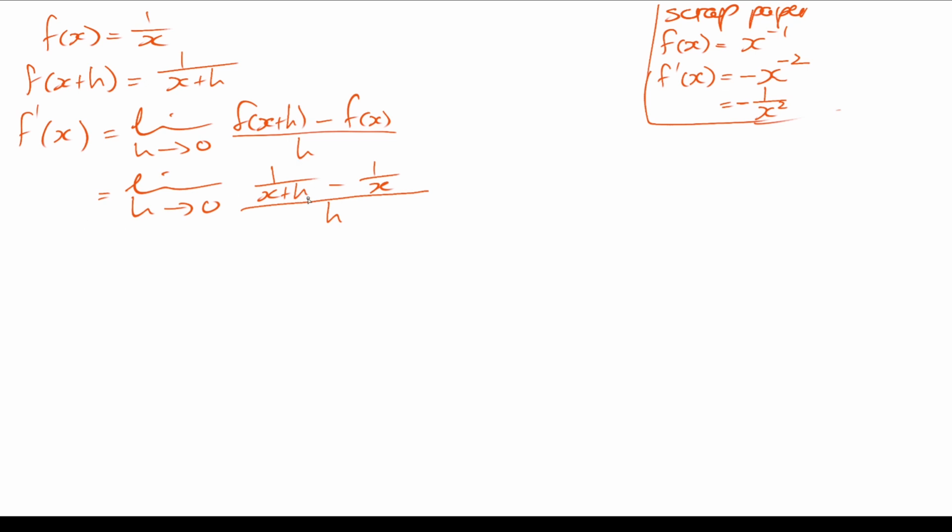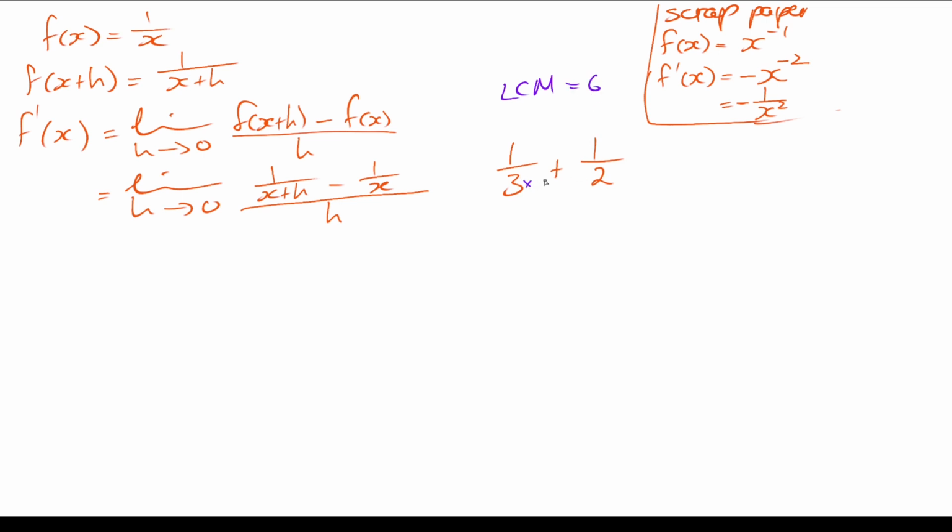Okay, so now what we've got is a fraction in a fraction. And I just want to remind you that way back when you were in grade 6 or 7 or, I don't know, 4, who knows, you used to add fractions together that had different denominators. And the way we dealt with that was to say, okay, we're going to find the lowest common multiple. And for these two, it's going to be 6.